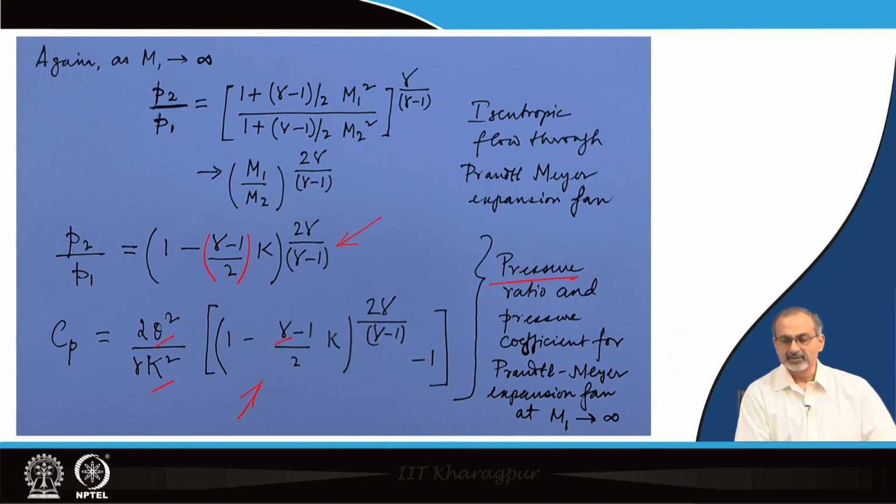So, this is the pressure ratio and the pressure coefficient expressions for Prandtl-Meyer expansion fan. Earlier we had expressed them for the oblique shock, now we have expressed them for the Prandtl-Meyer expansion fan for the limit M1 tending to infinity.